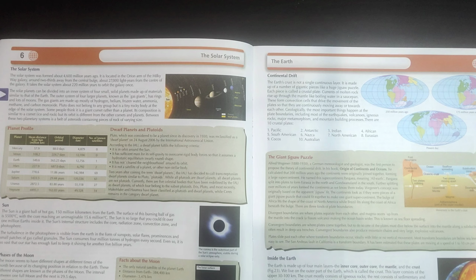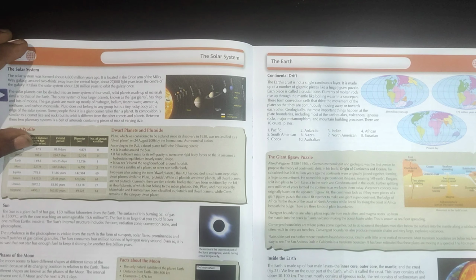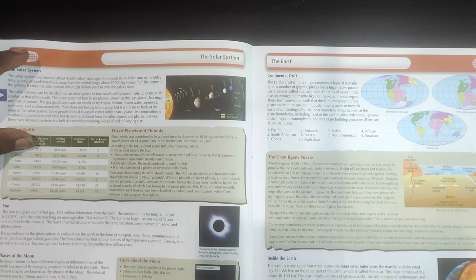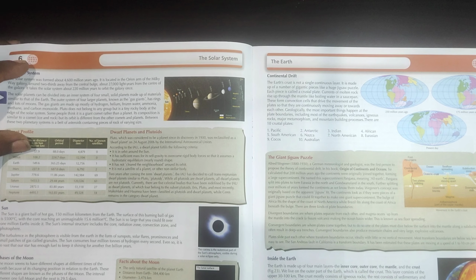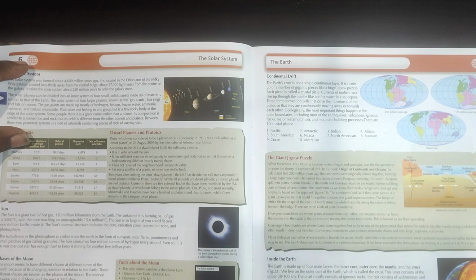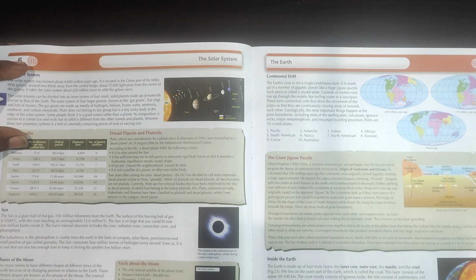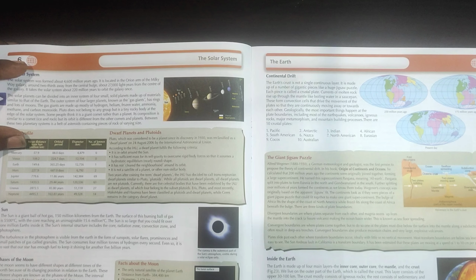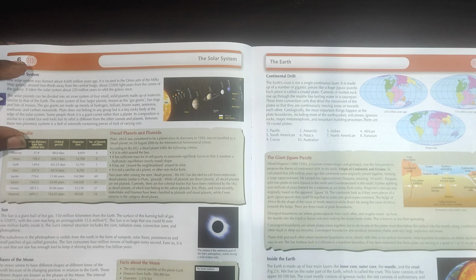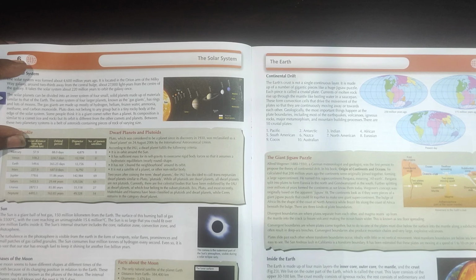And then again they have given about the phases of the moon. The moon has different phases between the full moon and the new moon. So the transition of the full moon to the new moon and new moon to the full moon has been given in a very simple manner, so we can have a better understanding by studying this.